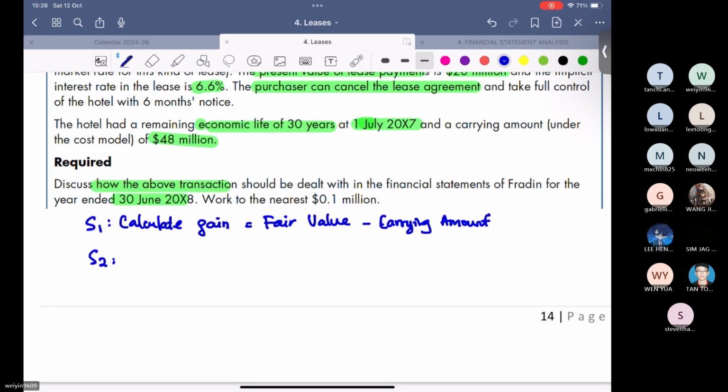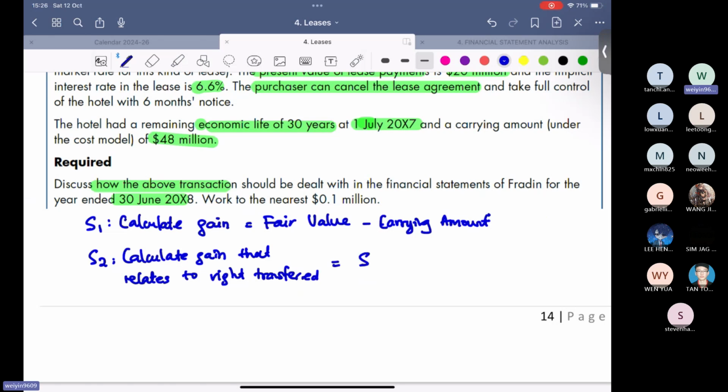Step 2, calculate the gain that relates to right of transfer, equals S1 times PV of lease payment over fair value.